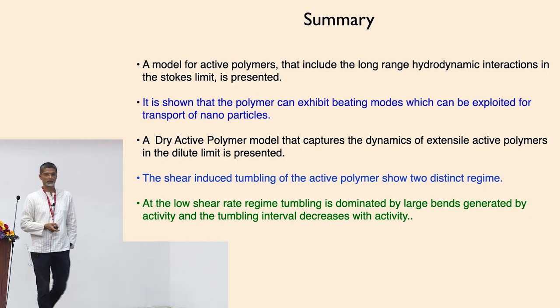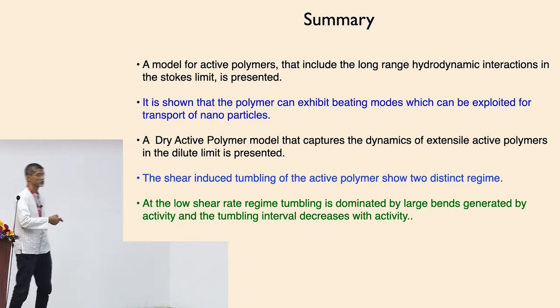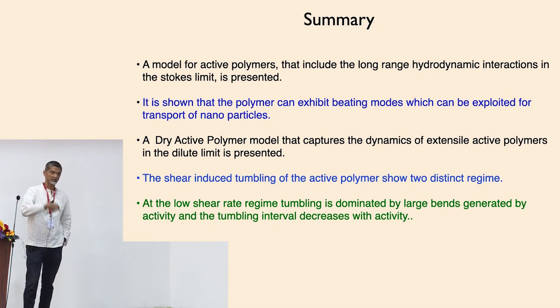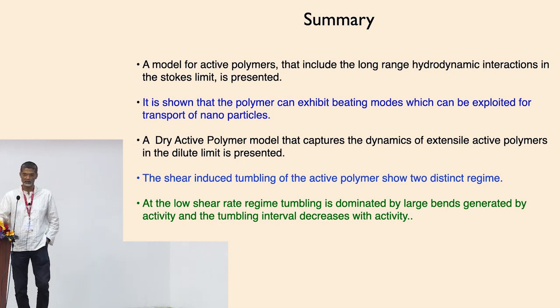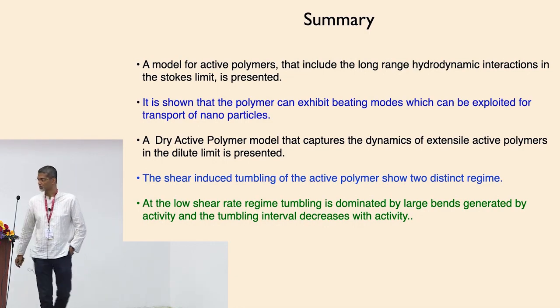We have a model for an active polymer which we can use, or at least our aim is to finally use it, to understand the network of such polymers and its shear response. Much more work remains to be done, like coupling of these polymers, cross-linking, etc. And with that, I will stop here.